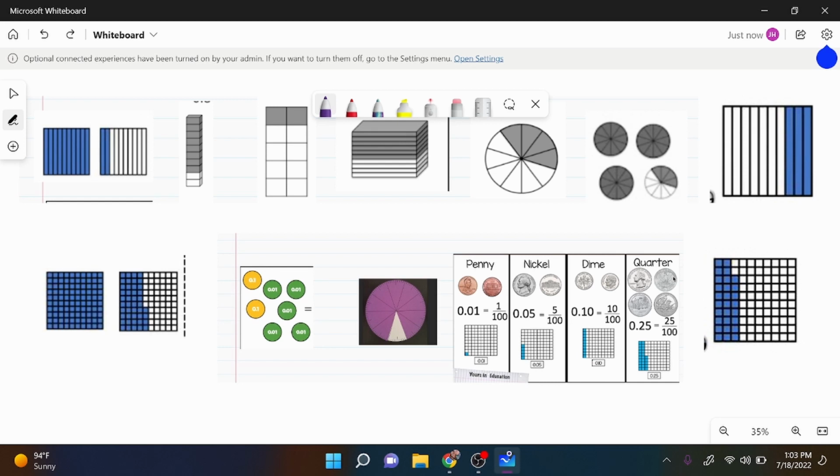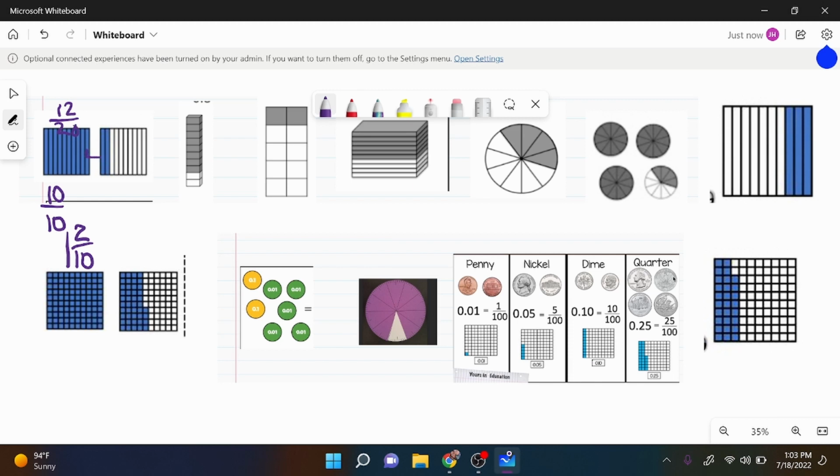So here you notice there are 10 out of 10 pieces shaded, and we also know this as a whole. Here there are 2 pieces shaded, that's my numerator, out of 10. If you counted all those pieces, there would be 10. So this is 1 and 2/10. Now a lot of people like to say that this is 12 because they see 12 shaded out of 20.